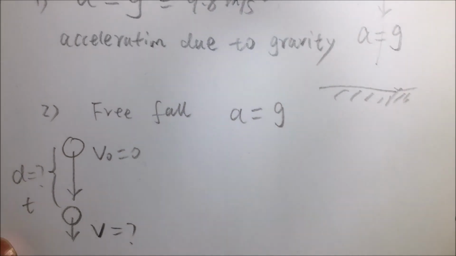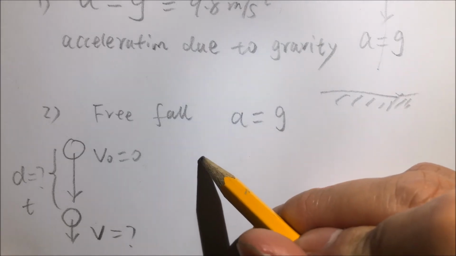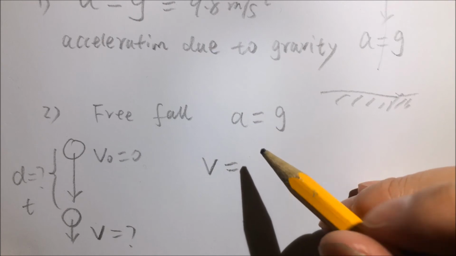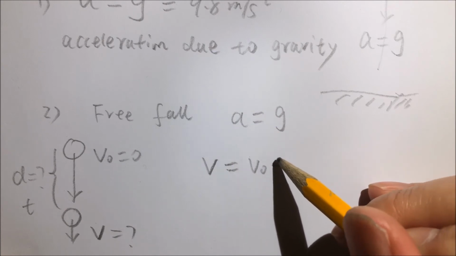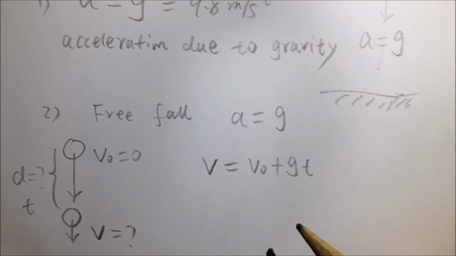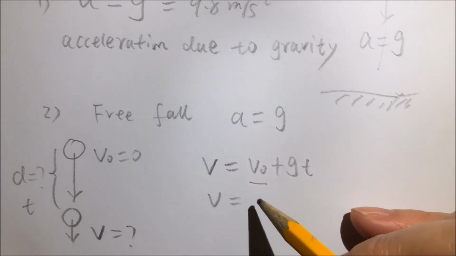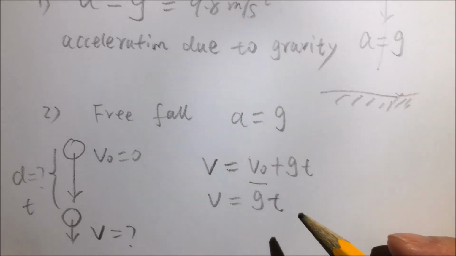That's the same setup we had in chapter 2. Then the final velocity equals v initial plus gt, because acceleration is g. And with v0 being 0, eventually you get the final velocity equal to g times t.